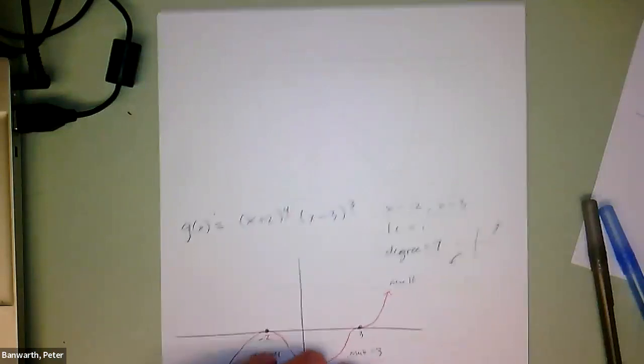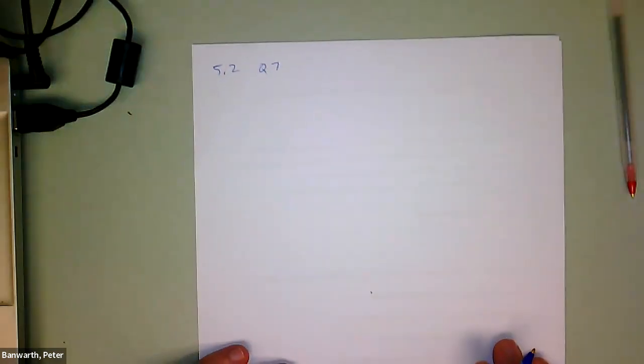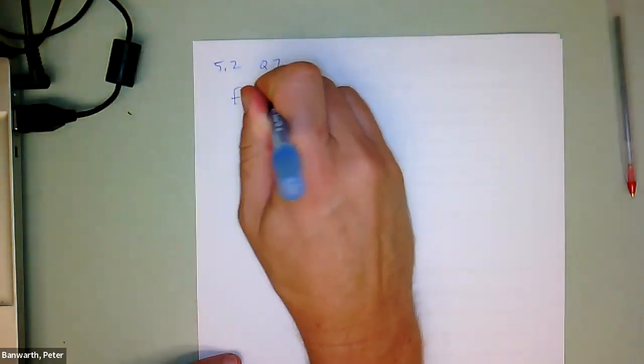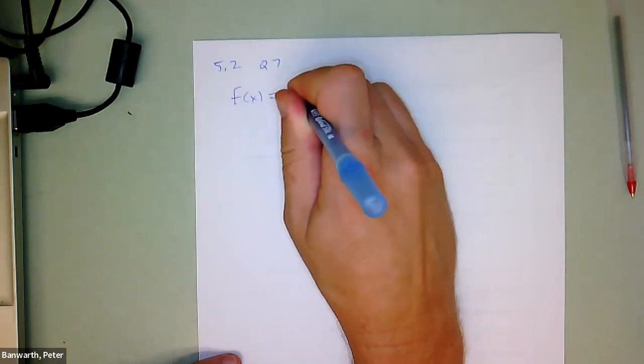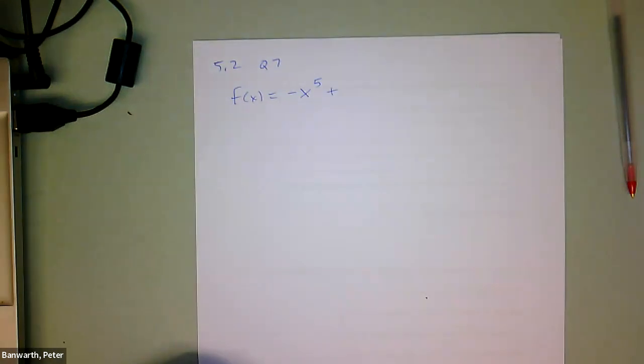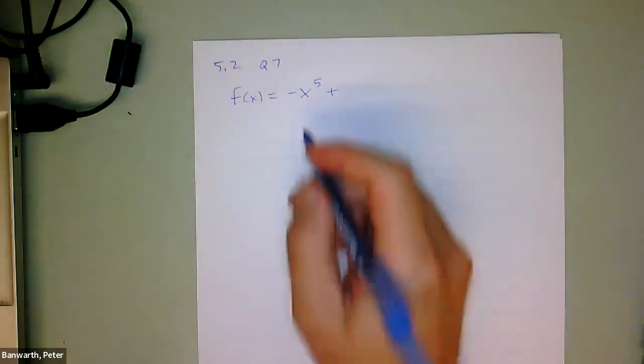So let's move on now to 5.2, question 7. And again, this is a similar question, but maybe not the exact same question. So if I have a function f of x that's, let's say, minus x to the 5th, plus, I'm going to pause the recording so I can think of the question. Okay, I'm back.